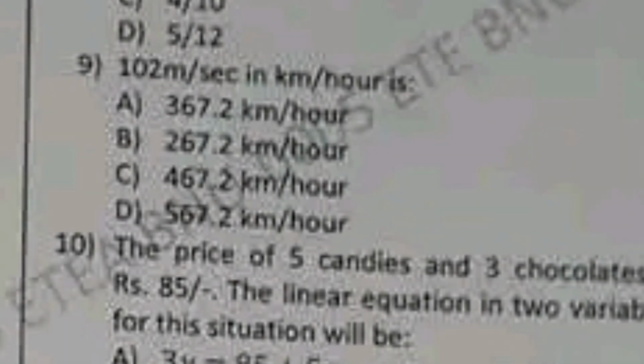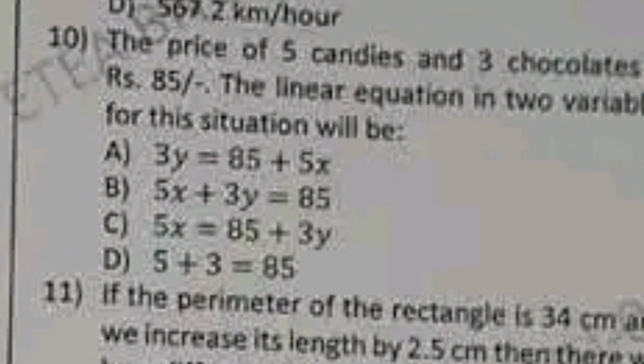8. The equivalent fraction of 1 over 3 is, and that is option B, 3 over 9. 9. 102 meter per second in kilometer per hour is, and that is option A, 367.2 kilometer per hour. Number 10. The price of 5 candies and 3 chocolates is Rs 85.